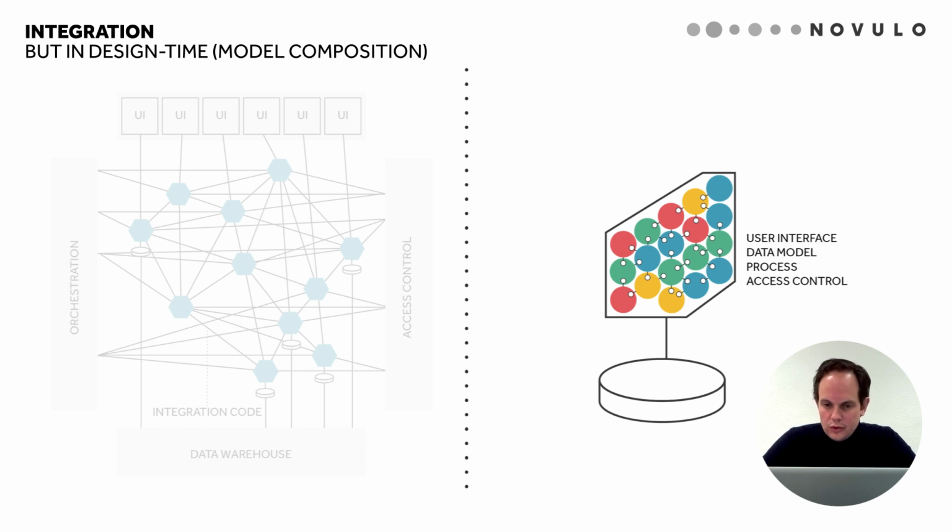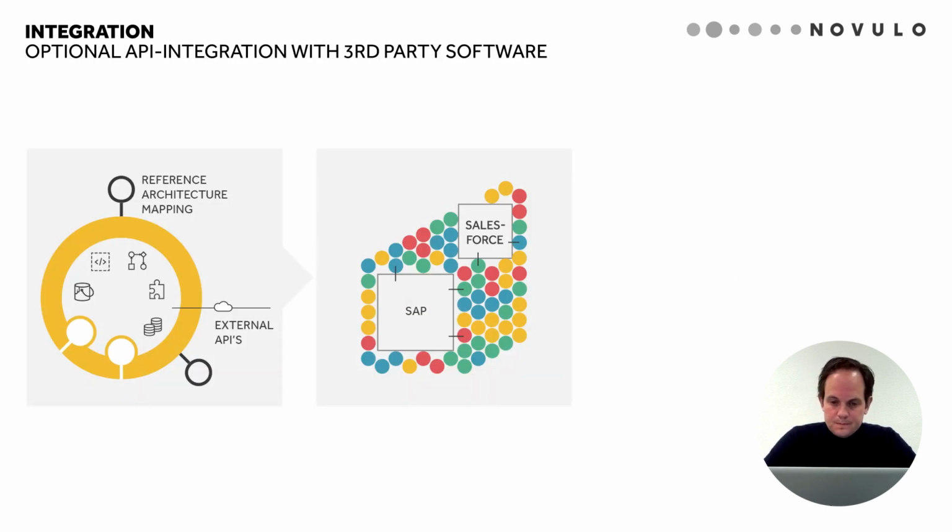And that model will deliver an integrated user interface, an integrated data model, an integrated process layer, and an integrated access control layer, while the adaptivity of the composition is still there. Because at any place, at any time, you can just change the composition, change the microservices architecture, and redeploy a new application.